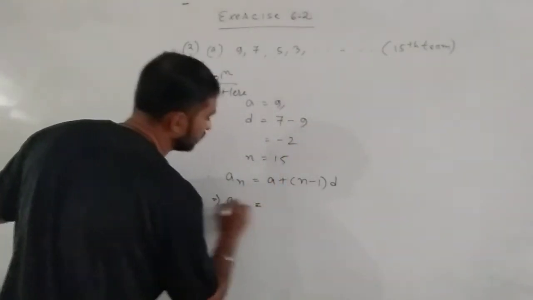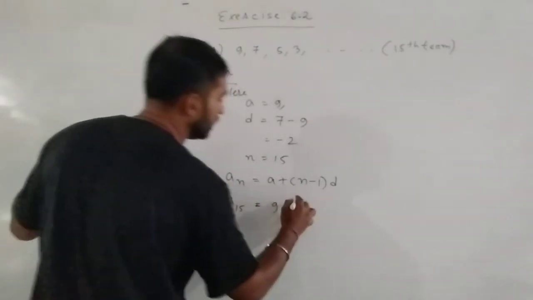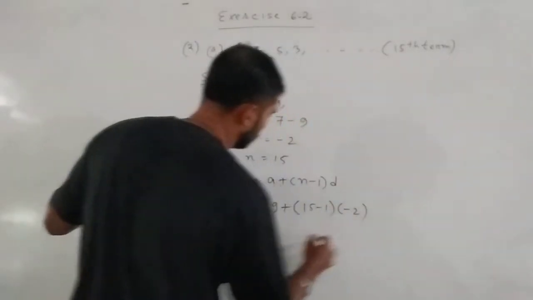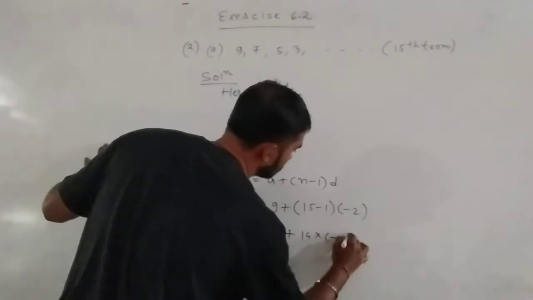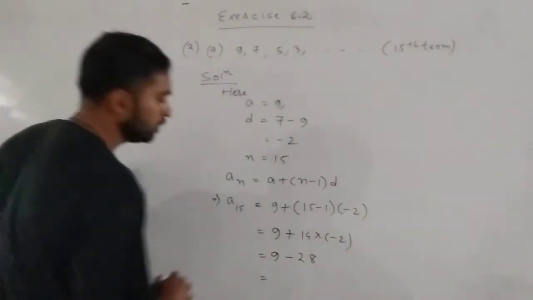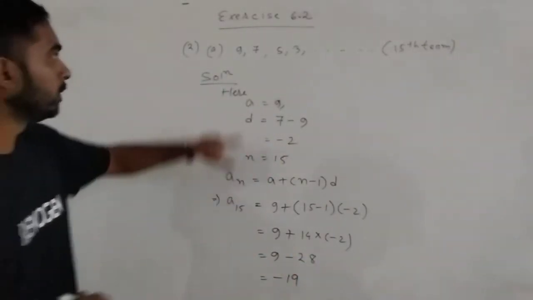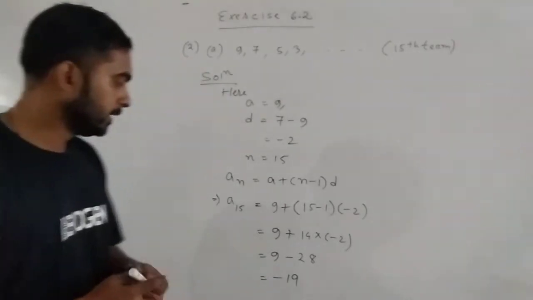A15 equal to 9 plus 14 into minus 2, equal to 9 minus 28, which implies minus 19. So the 15th term in this sequence will be minus 19.